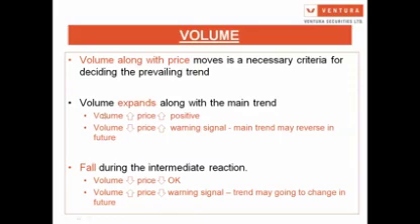I am again repeating, if the volume is higher and price is going up, that is okay. The trend is said to be a bullish trend only, there is no problem. But if you see the price is going up but volume is decreasing, then that gives a warning signal that in future price may change its direction from upward to downward.